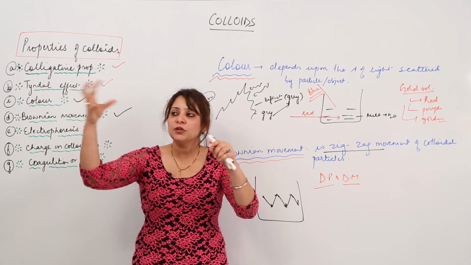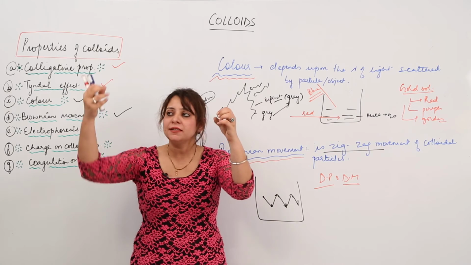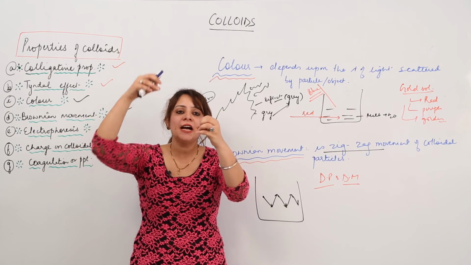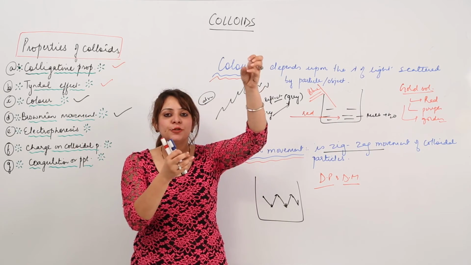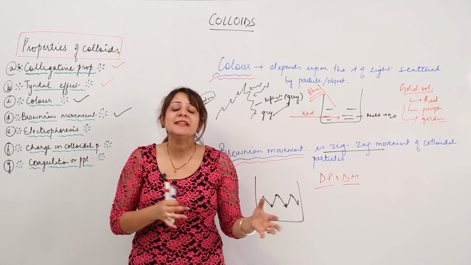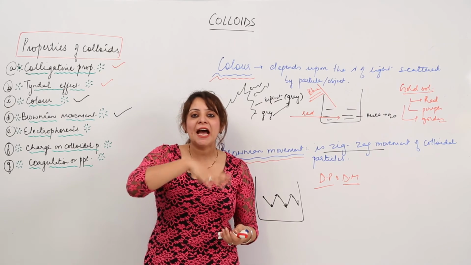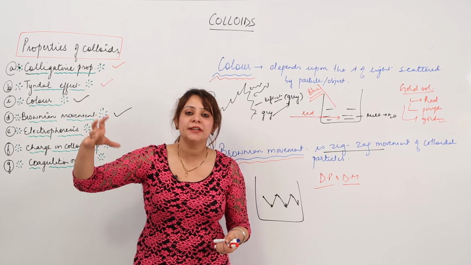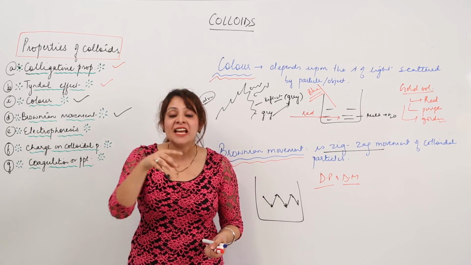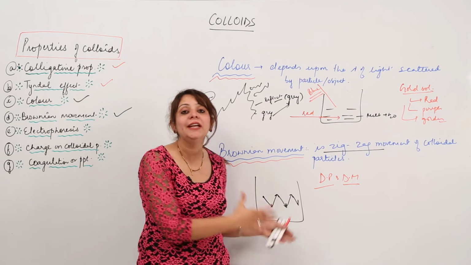When this particle comes, it strikes this one, and it gets shifted to here. Likewise they undergo different collisions, hitting each other, and the line along which they move appears zigzag. That is called Brownian movement.